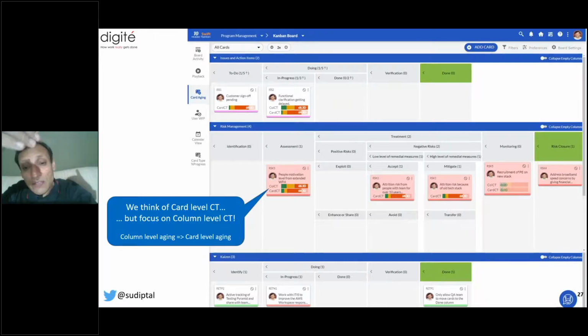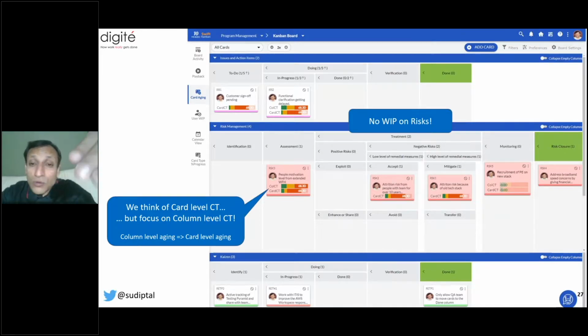Very clearly, if a card is aging within a column, there is a very high probability that the overall card will also get delayed. So it makes more sense to look at the column level aging than to just look at the card level aging. So focus on the aging of the card and keep your radar on all the qualitative cards that you have as far as program management is concerned.